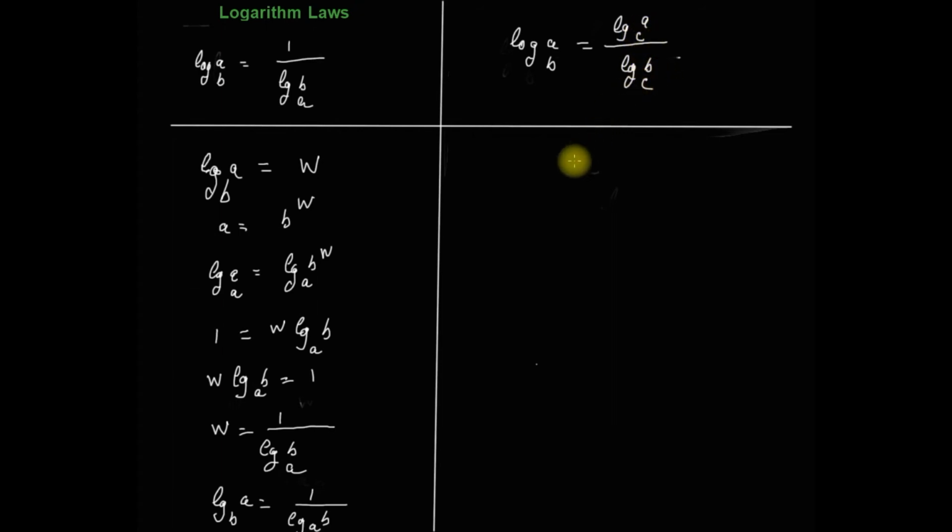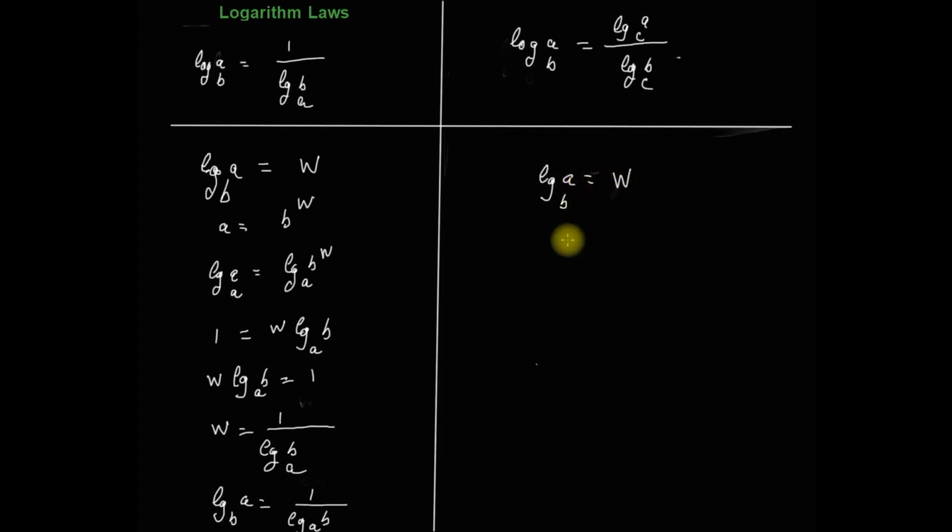A bit complicated in words, but mathematically it's easier to see. So to do this, I will set log base b of a to equal w again. We can call that any variable.